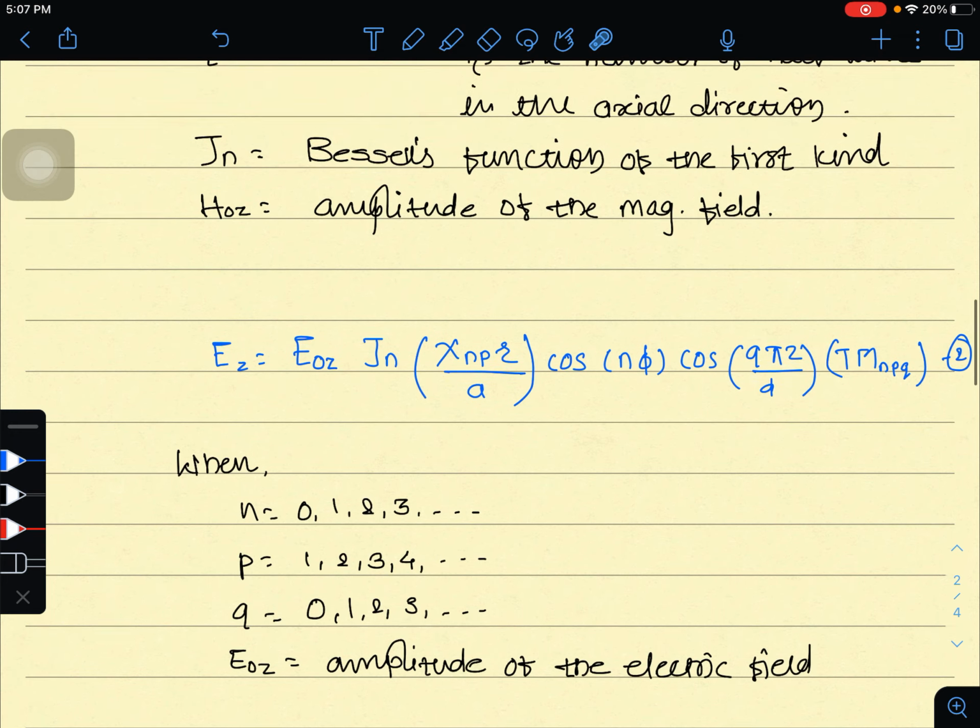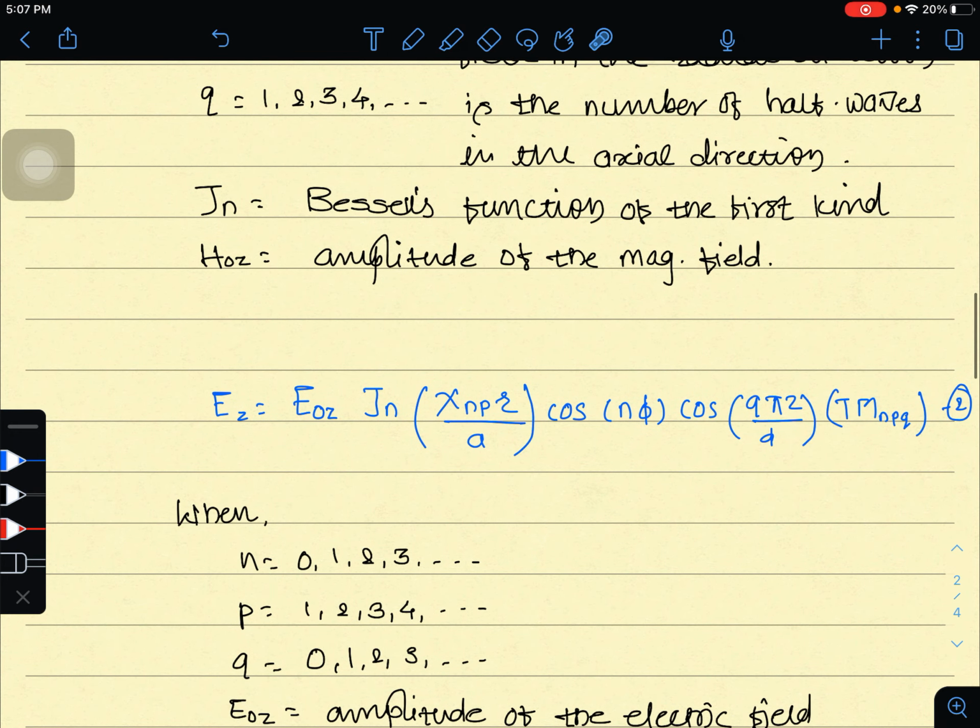Now one of the interesting points here is that the dominant mode is TM110.